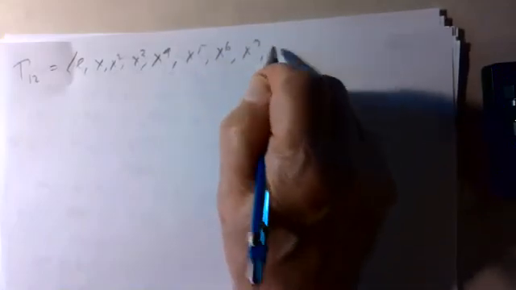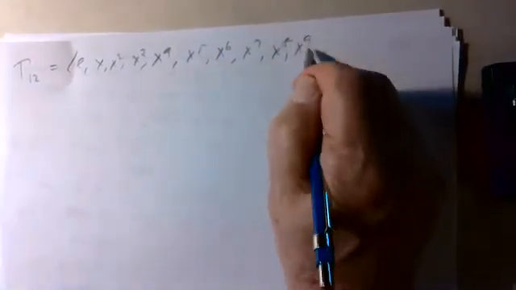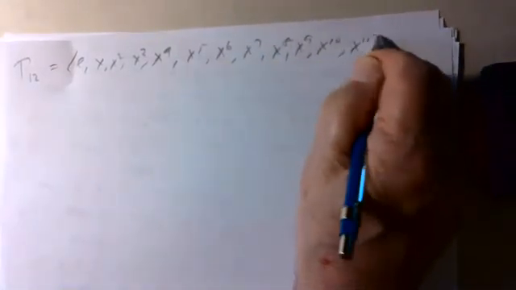Let's look at an example. Suppose I take the cyclic group gamma 12. So this is E, X, X squared, X cubed, X to the fourth, X to the fifth, X to the sixth, X to the seventh, X to the eighth, X to the ninth, X to the 10th, X to the 11th.